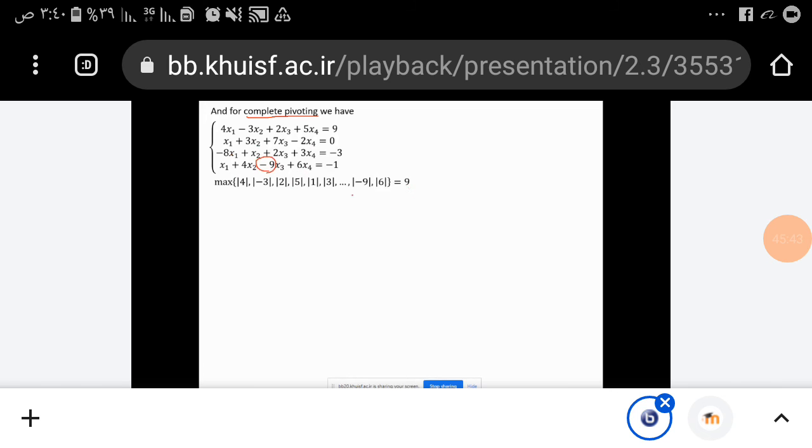So we want -9 to go to this place, so we have to change these rows and these columns. A43: we do R14, commute the first row and the fourth row.